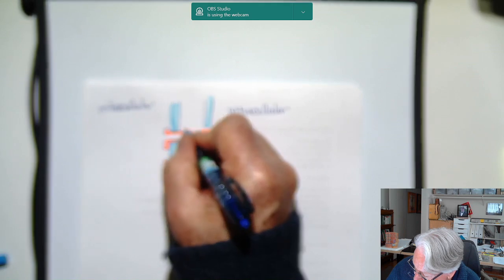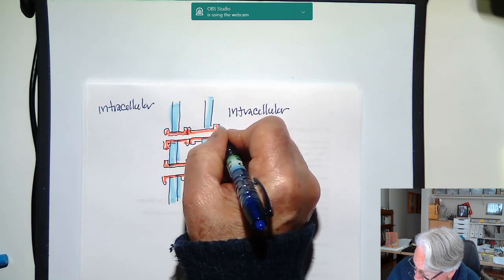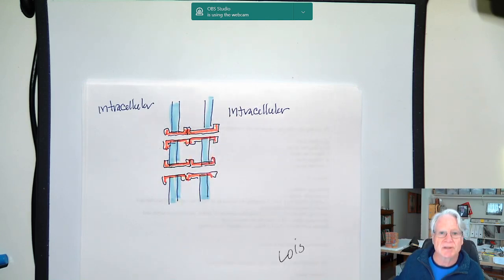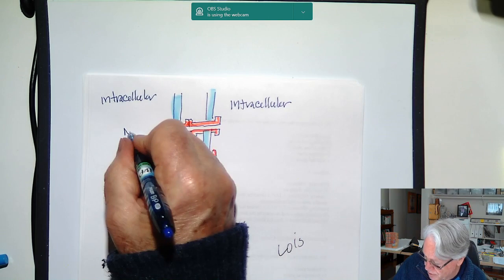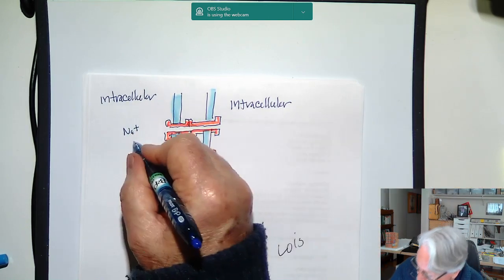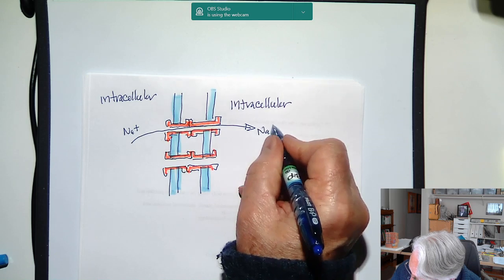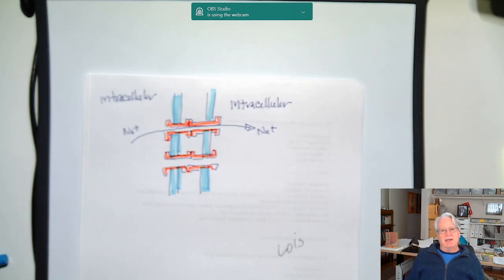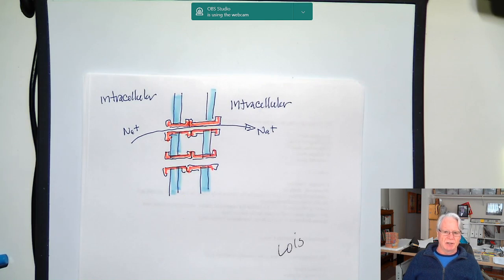And we're creating this tunnel, if you will, that bridges the interior of one cell with the interior of another cell. And so things like sodium can be passing in between the cells. Very rapid, instantaneous transmission of information from one cell to the next.